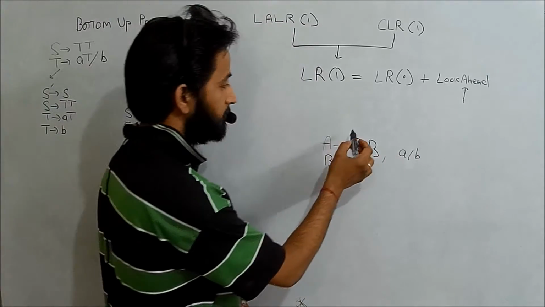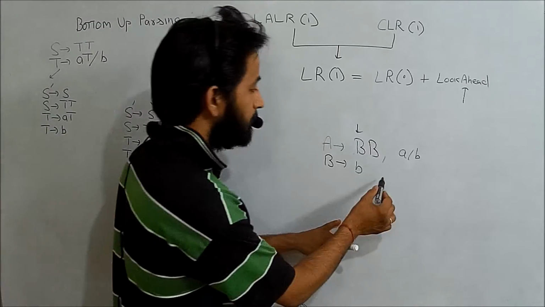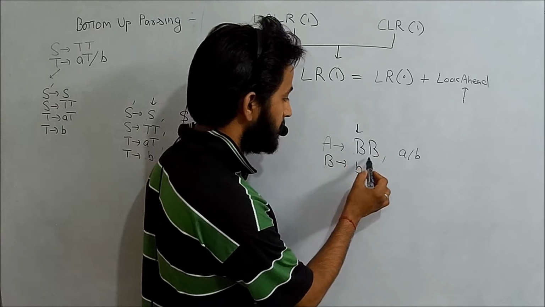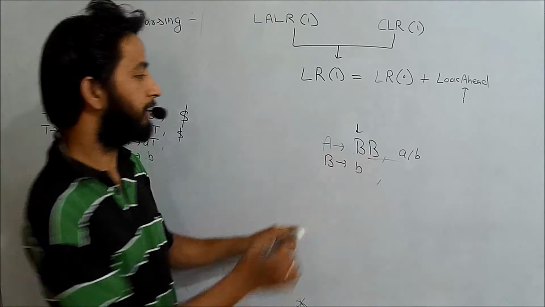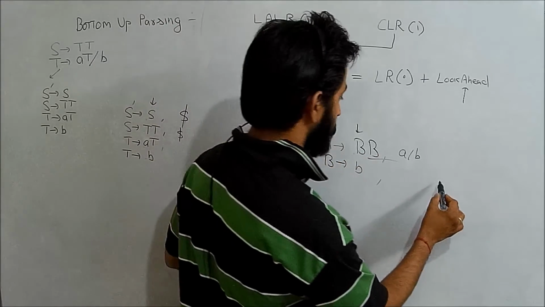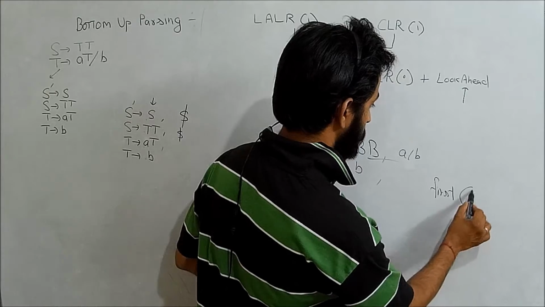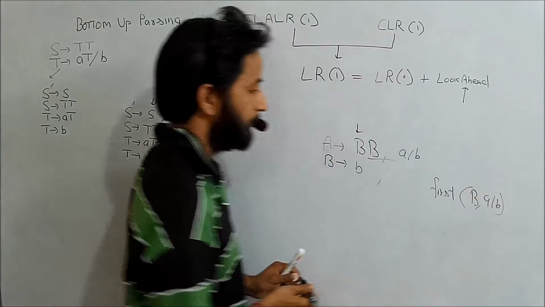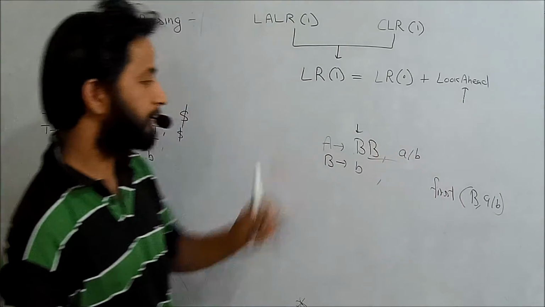So because of this closure, the look ahead for this production will be the first of what comes after this, so look ahead will be first of B comma A'. Okay, so what will be the first of that, we will write it here.